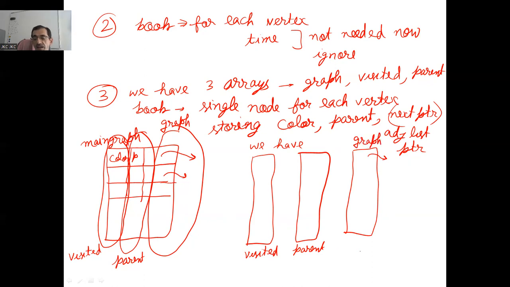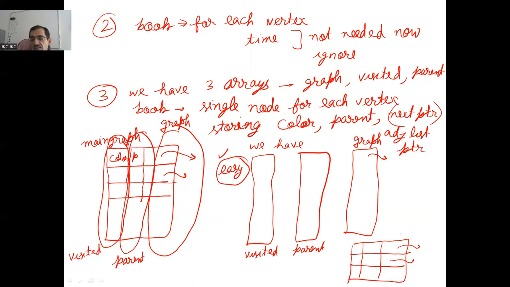And the book has effectively one structure combined. One structure means no global array is needed and everything is accessed from this index. So it is your choice, the way you want to implement, but mine is easy and you will find it more comfortable to start with. Once you are good, later you can try this.